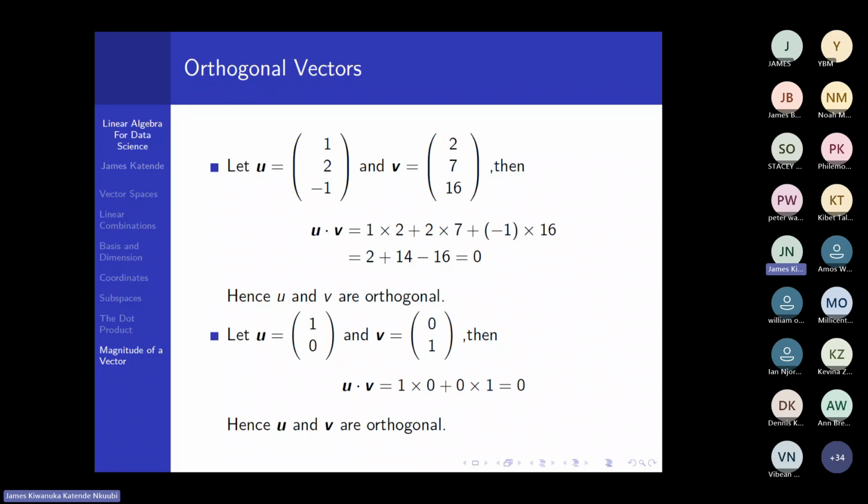We can extend it to R3, the three-dimensional space. Again, here we have two vectors whose dot product is 0. This is repeated again; I think this is the same example as the first one we did. But basically, if you have two vectors, they will be perpendicular if their dot product is 0. If you want to check that they're orthogonal, just check the dot product. If it is 0, then they are orthogonal.